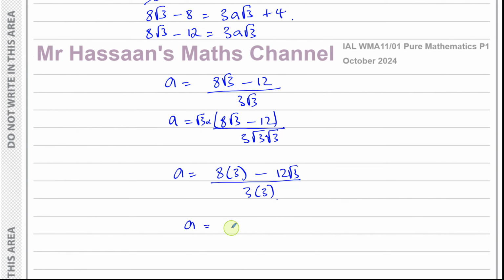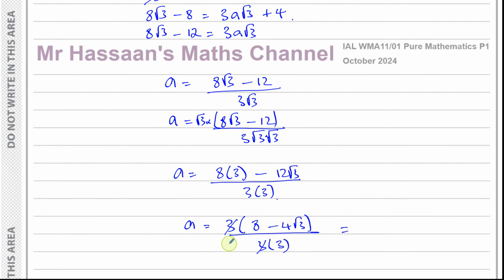But we can actually do something to make it a bit easier. We can take out that 3 as common on the top. So you have 3 times (8 minus 4 root 3) over 3 times 3. I've taken out the common factor of 3. One of the 3's cancel.